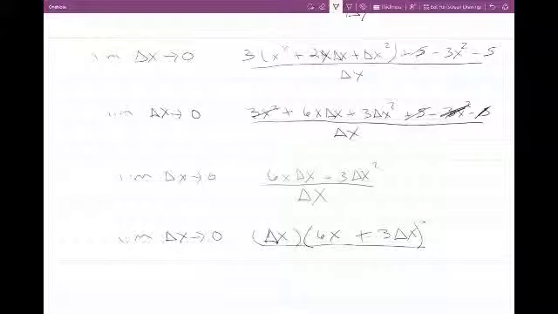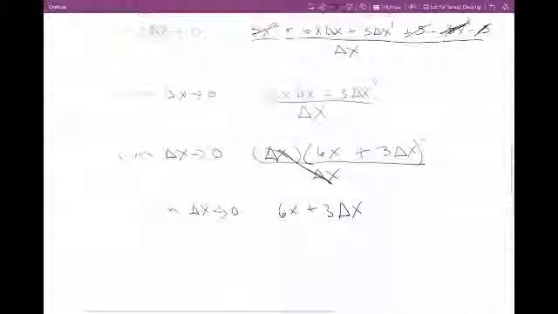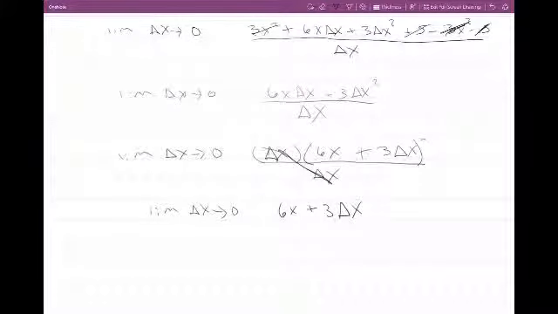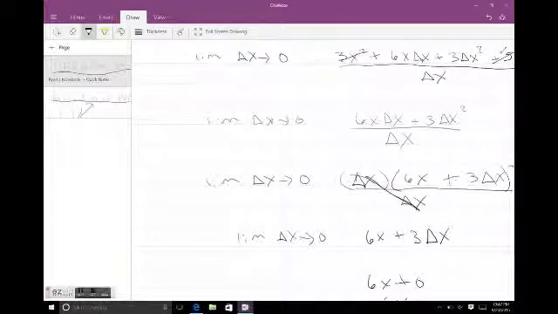Now I can cancel out the delta x over delta x. I'm left with the limit as delta x goes to 0 of 6x plus 3 delta x. Now I can plug in 0 for delta x, so I'm left with 6x plus 0, which is 6x. So the derivative is 6x. Am I right? Yep.